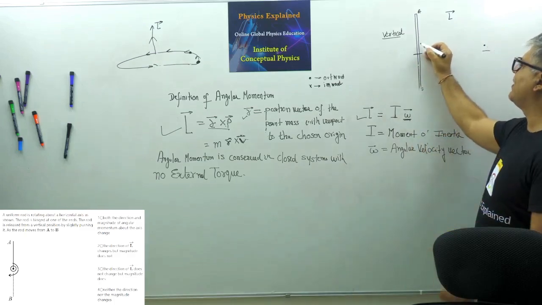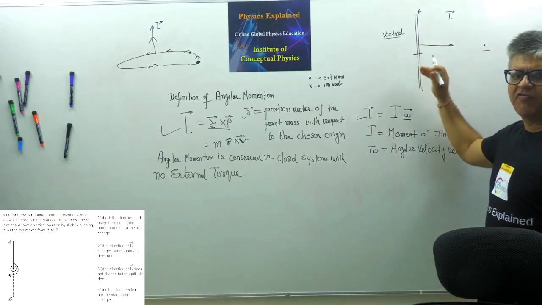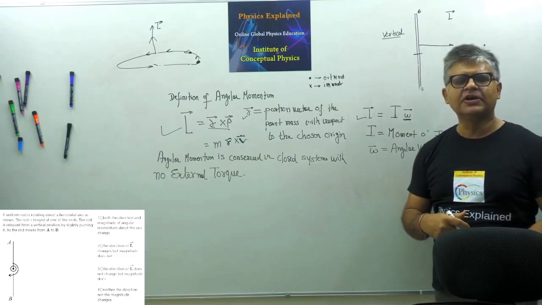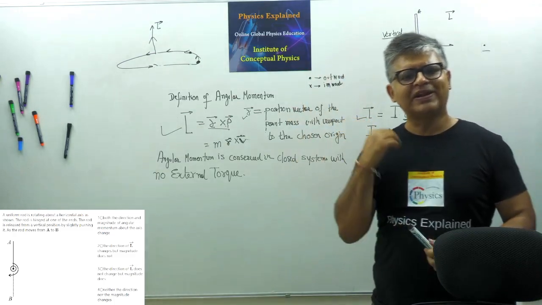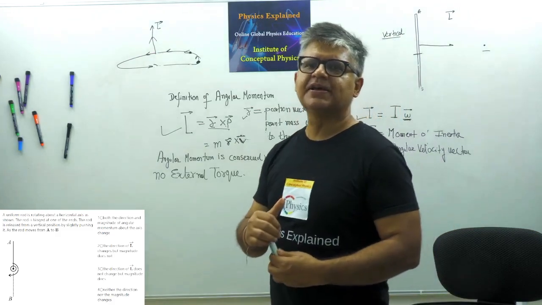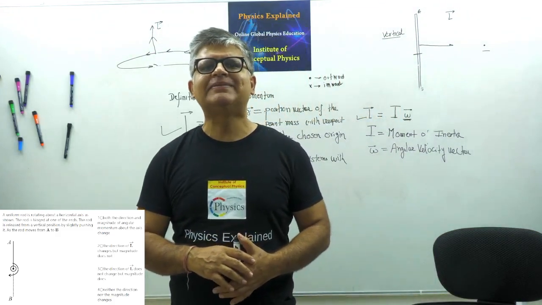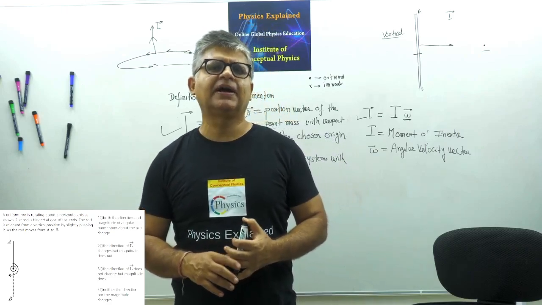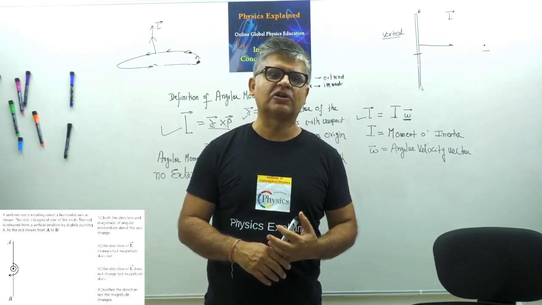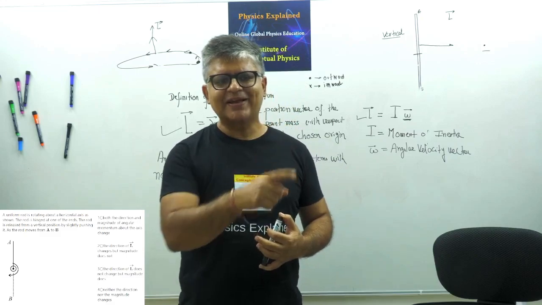So my angular momentum, irrespective of what angular velocity I have, because my direction is staying anti-clockwise throughout, will remain the same. So the correct answer is the angular momentum direction will not change in this question, but the magnitude of angular momentum will change.